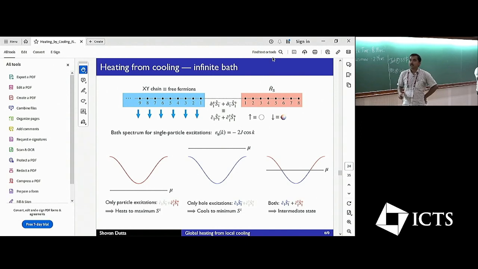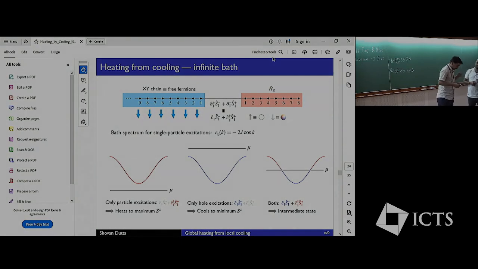It cannot be a steady thing for long if you turn off these dissipators. But if you're actively cooling it, then I don't see why that is not allowed. Okay, it is a very surprising finding, but that's what we find. Thanks. Okay, let us thank our speaker once more.